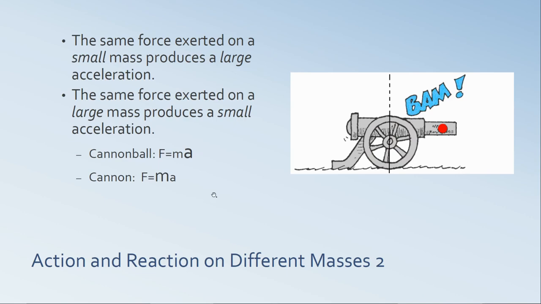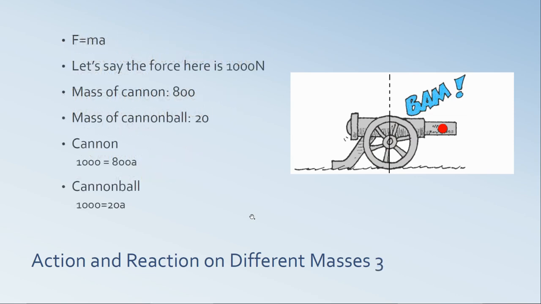So we could write our equations like force equals m times great big A for the cannonball, and for the cannon, because it has more mass, force equals a great big M and a little tiny a. And we can actually work this out mathematically too.